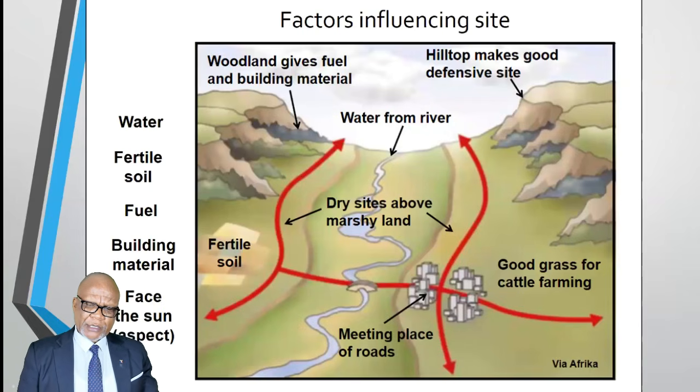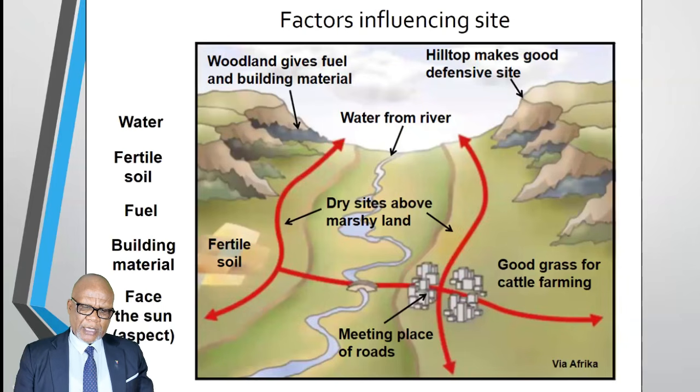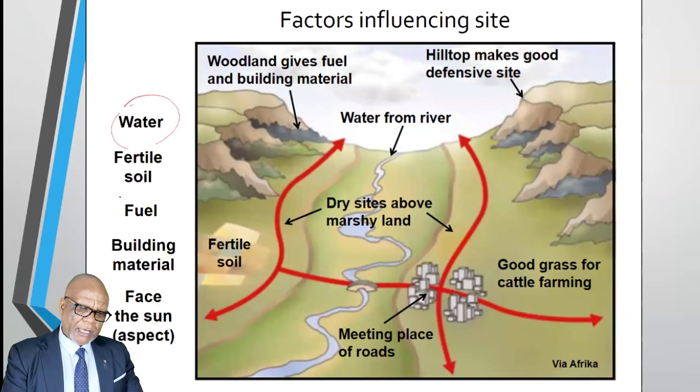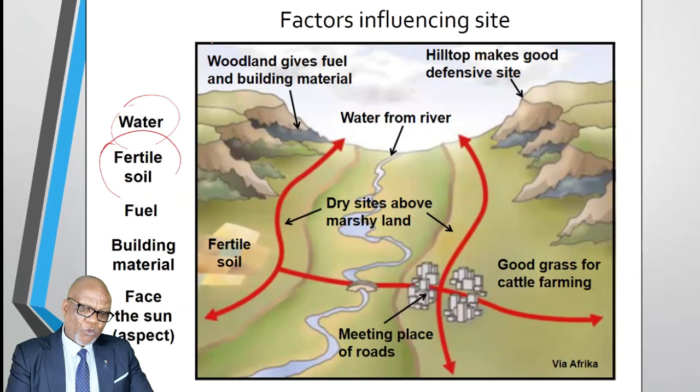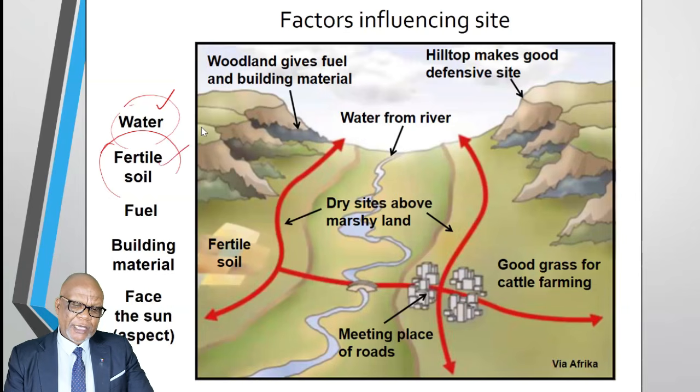Now, let's look at the factors that influence a settlement. Number one, factors that influence the site is water. People will settle closer to where water is. Remember, we're talking about rural settlements here. So water was going to be good for farming. People are also going to need fertile soil.